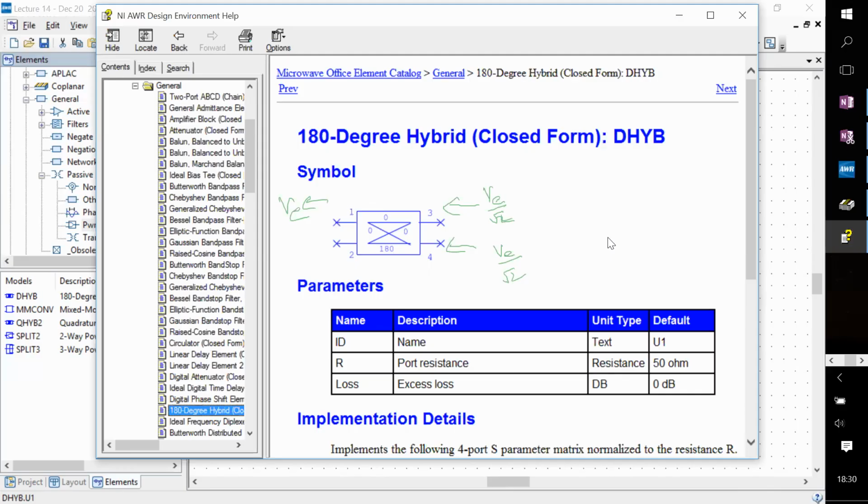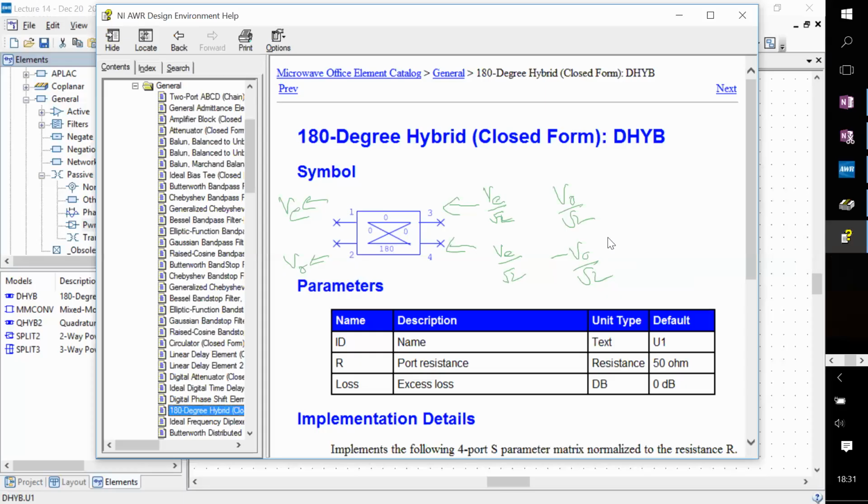If I send in two out-of-phase signals which are identical, it will come out of port 2. Okay, so this maintains the symmetry in both directions. So what it means is that it will provide an even mode excitation, but it will also take the even mode excitation and send it to the correct port. Okay, so this is very important, otherwise the reflection coefficient measurement doesn't make any sense.